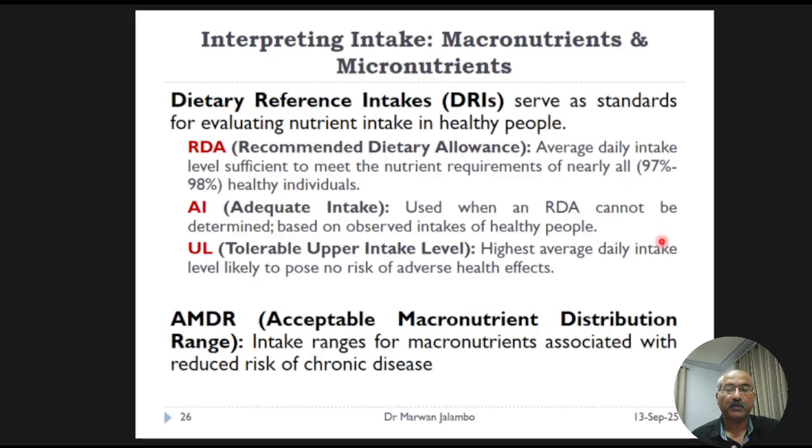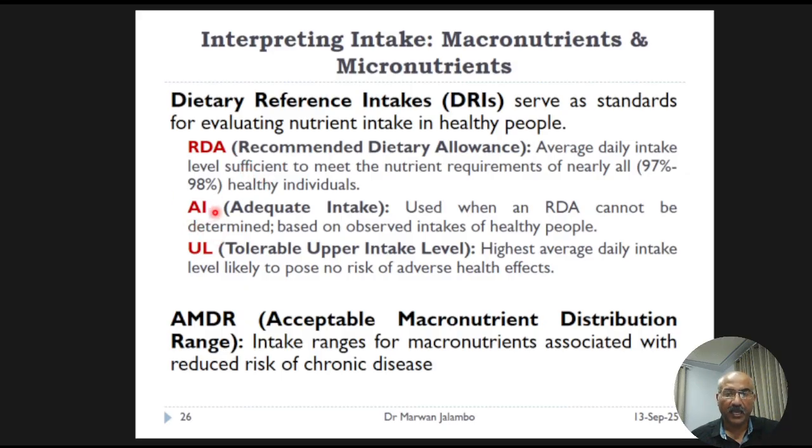It is crucial to understand what these different values mean. So the RDA or recommended dietary allowance is the value that meets the needs of about 97% to 98% of healthy individuals in a specific group. If a person's intake is at or above the RDA, it is likely adequate.